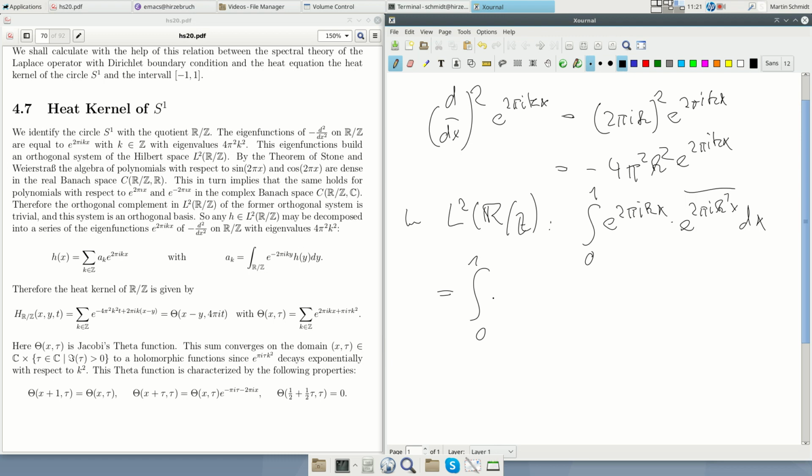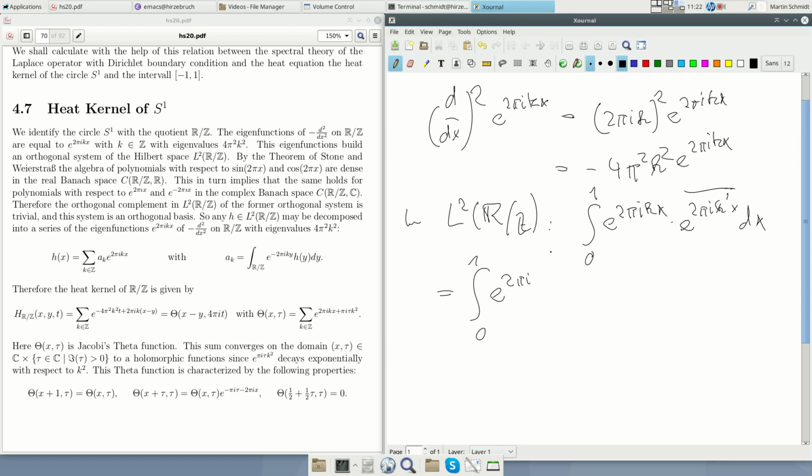Then this is the integral from 0 to 1 of exponential of 2 pi i kx times the complex conjugate of exponential 2 pi i k prime x. Here we just have to take the complex conjugate inside the exponential, and this is minus.